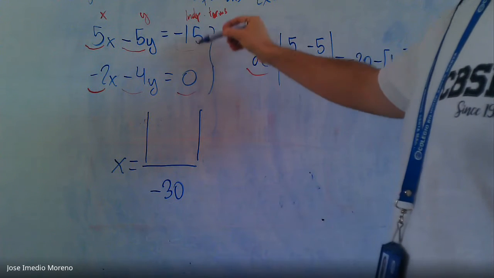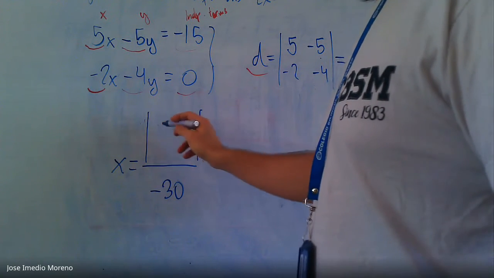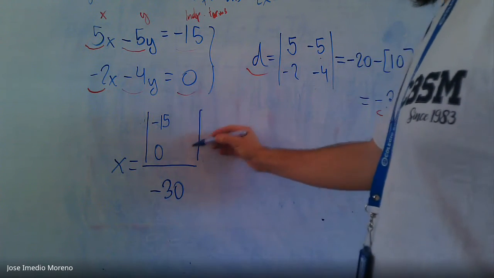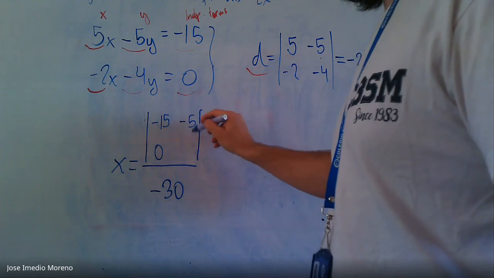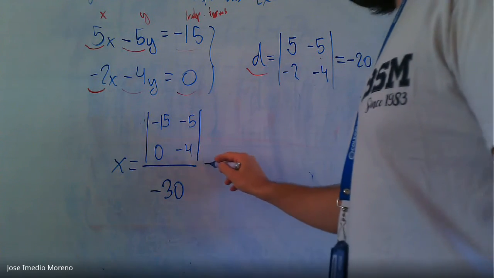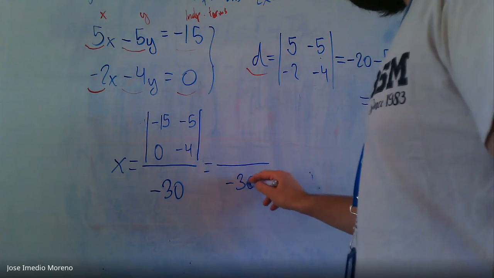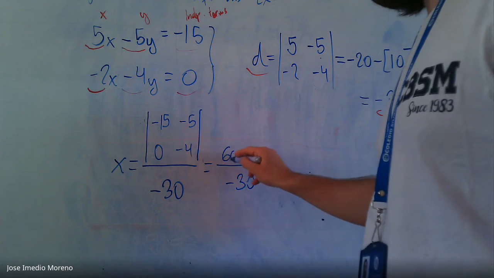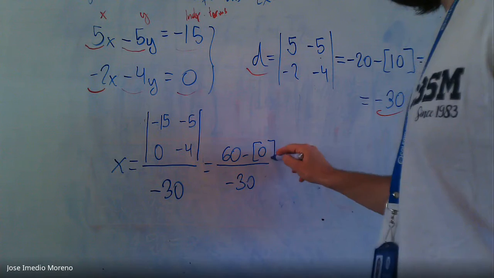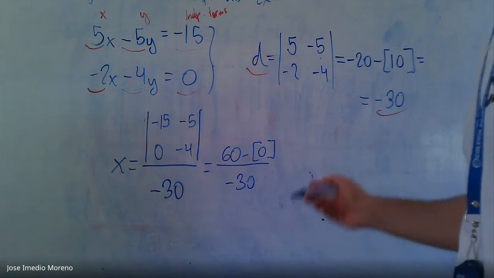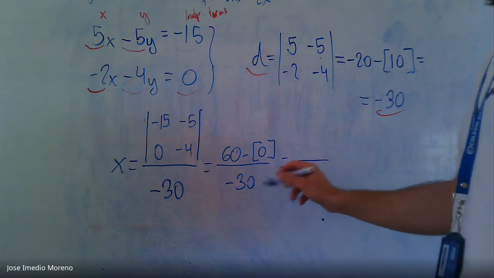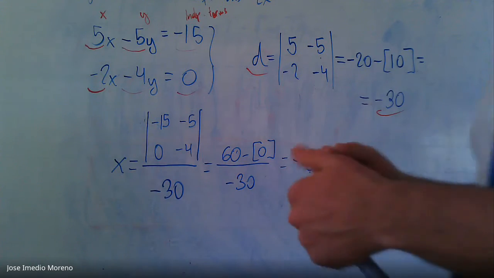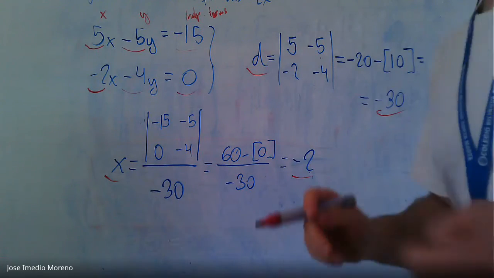This column, the third one. So now it's minus 15, 0, and the other column remains the same, minus 5, minus 4. So I have to solve this. Minus 15 times minus 4 is 60, minus 0, because 0 times minus 5 is 0. So this is 60 divided by minus 30, which is minus 2. So x equals minus 2.